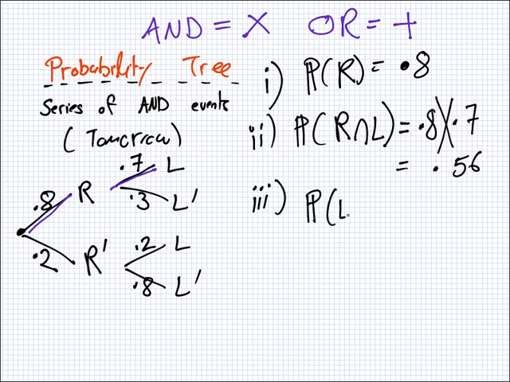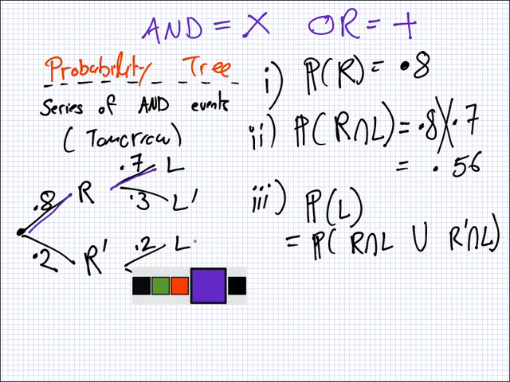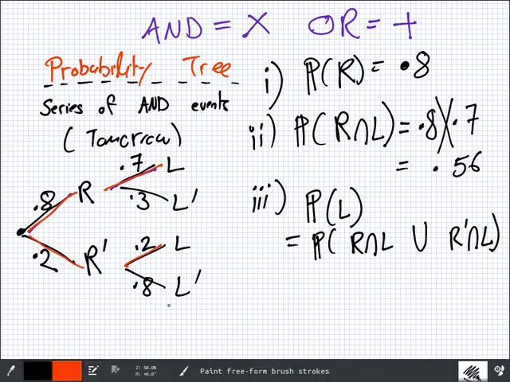Probability of just being late. Now, there's actually two ways to be late. That is rain and late, or no rain and late. So in other words, you add up all the branches. You've got two paths.